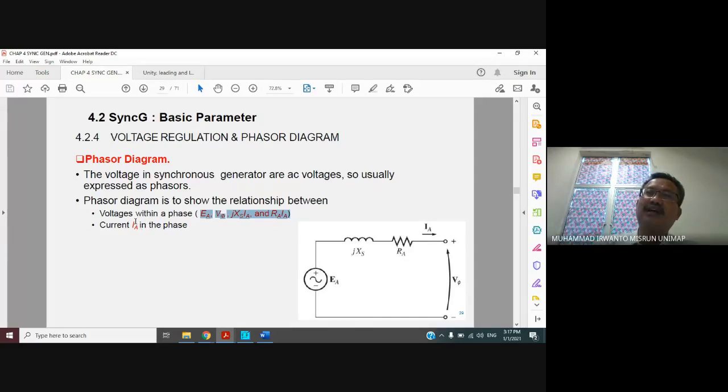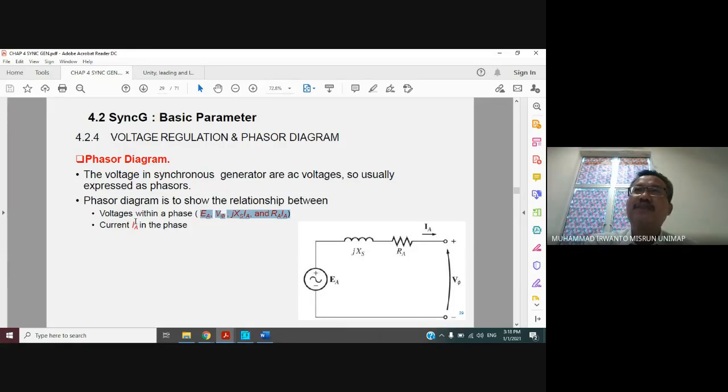The other parameter is IA. We want to know, I repeat again, IA when the synchronous generator is loaded by one type of load, so the synchronous generator operates in what cos theta or power factor.